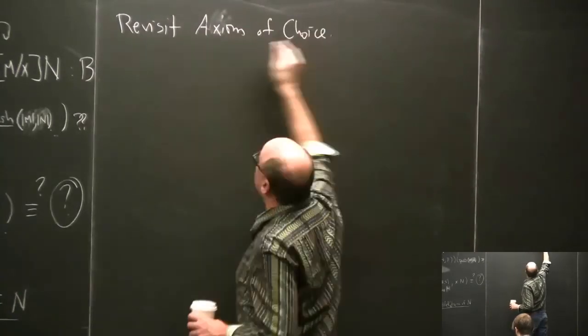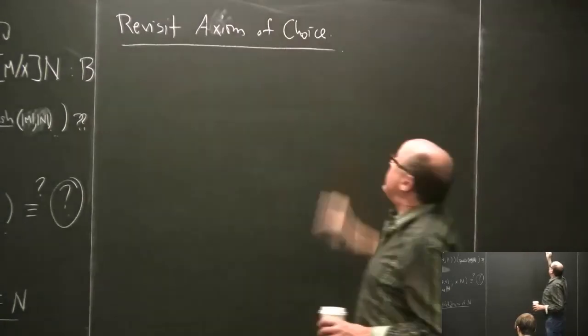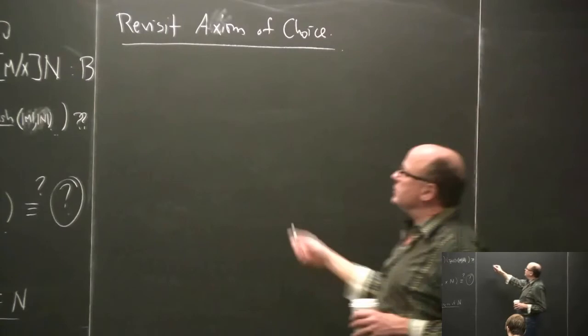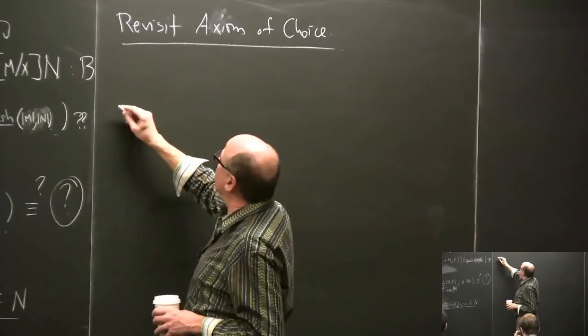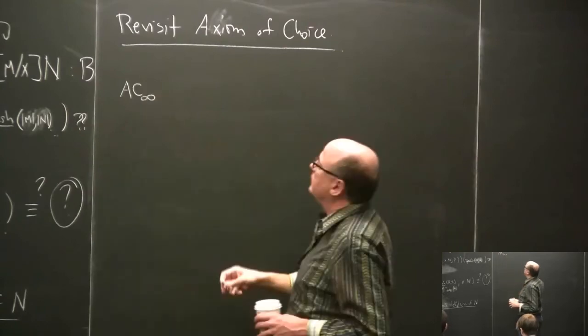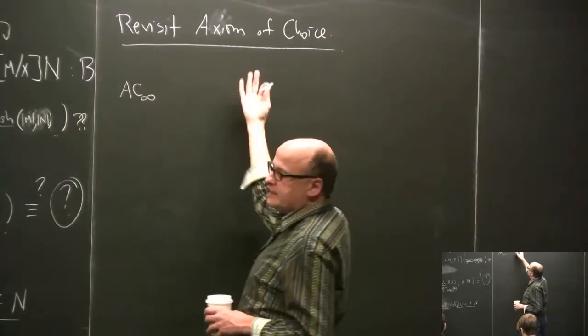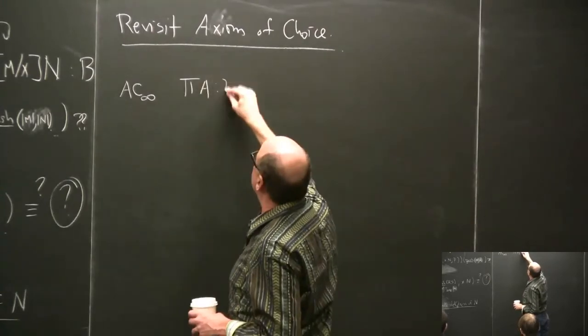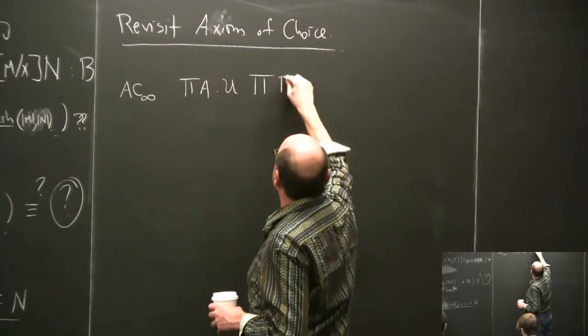So we talked about this before, and I'm now able to talk about it a little bit more meaningfully. First of all, let's remember what we talked about before. We wrote down a principle, which I will now call AC infinity. It says, for any types A and any family of types B, and it gets a little heavy, but let me write it out once so we can see this.